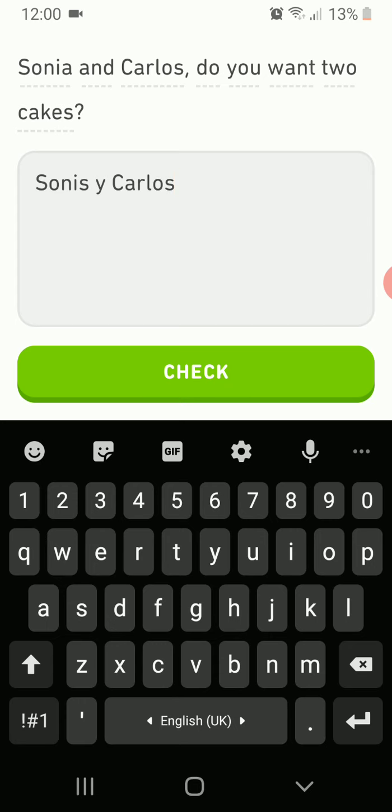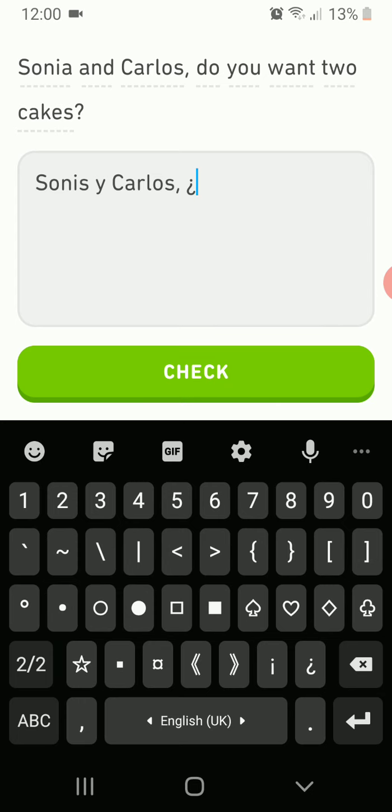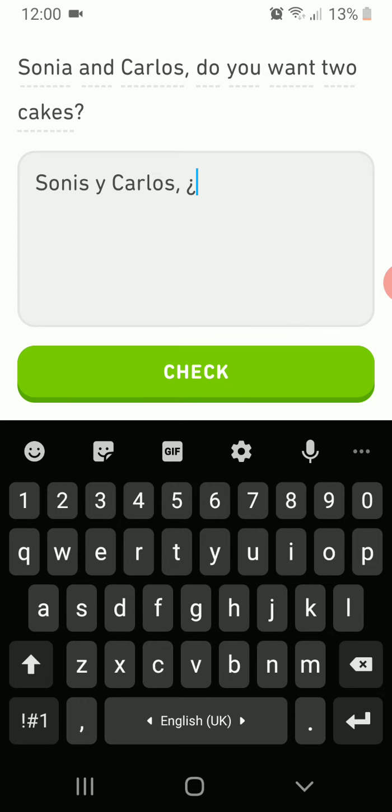And then what do I have to put here? I have to put the comma, and I have to put the reverse interrogation mark, and I don't have to capitalize. That's what I've learned from my previous exercises. Sonia and Carlos, do you want 2 cakes?